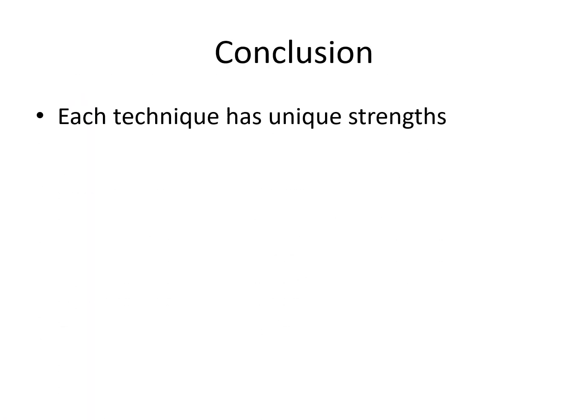So in conclusion, each technique has its own unique strengths. Thin layer chromatography is very simple and not very costly, and it can provide a fingerprint of a compound of interest in a given analyte.